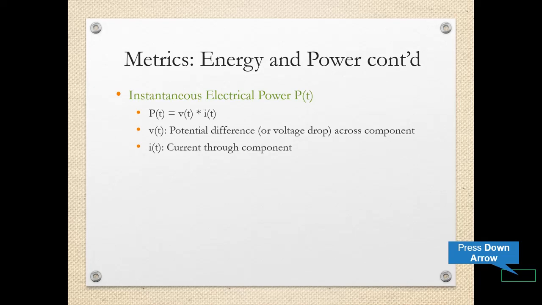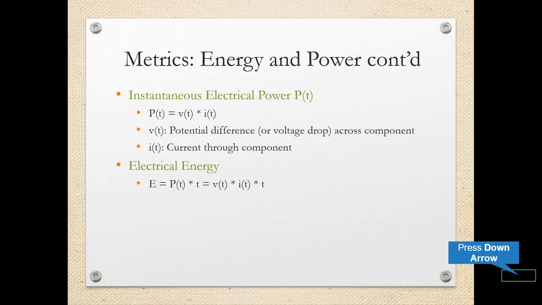So the instantaneous electrical power is given as P of t, which is V of t into I of t. This V of t is the potential difference or the voltage drop across the component, and I of t is the current through the component. Similarly, we can get the electrical energy.